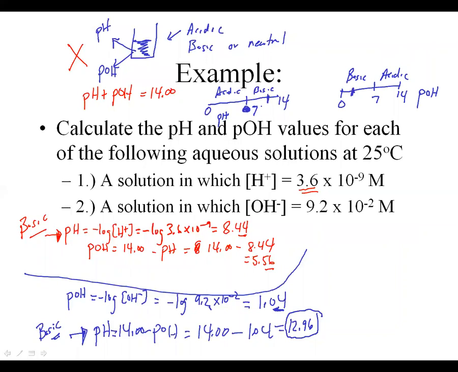So the pH and the pOH will actually tell you the same thing in terms of acidic or basic, but probably 9 times out of 10, people are always thinking of the pH scale. And that's why I said that when you're asked to determine that, you should probably look at the pH scale, because the pH scale is what most people think in their head.